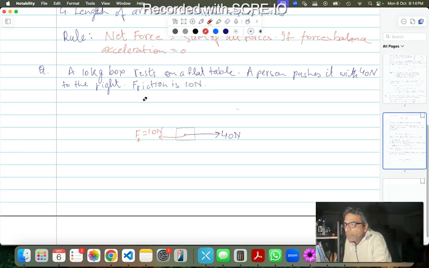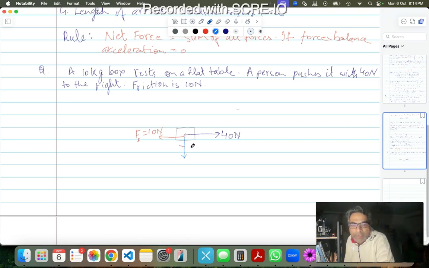which is 10 Newton, right? So now it says a 10 kg box rests on a flat table. So there will be a weight also going downwards, right? So there is a weight which is going downward.